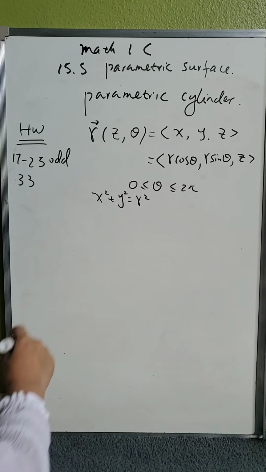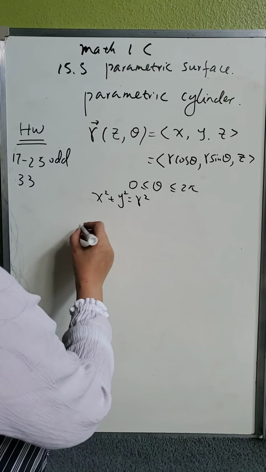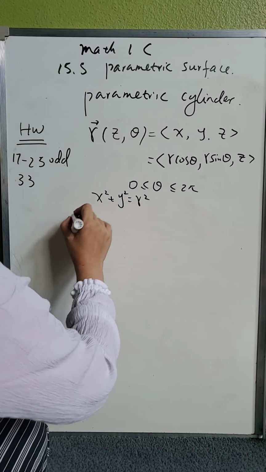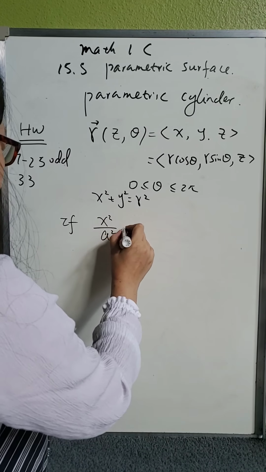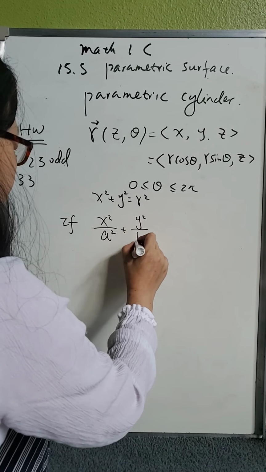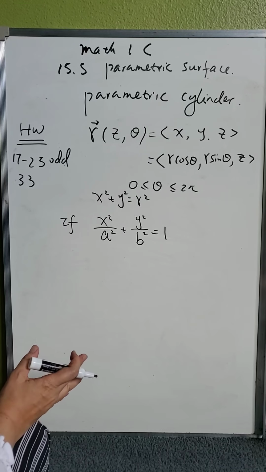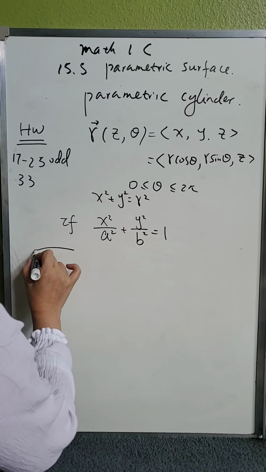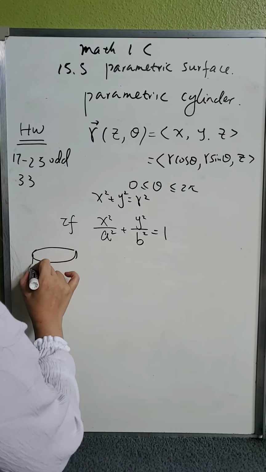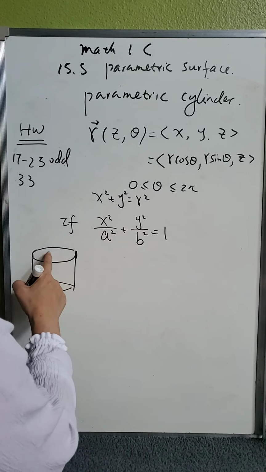But if you have x squared over a squared plus y squared over b squared equal to 1, like an ellipse, you can have a cylinder with an ellipse at the bottom, flat like this, instead of a circle, not rounded.